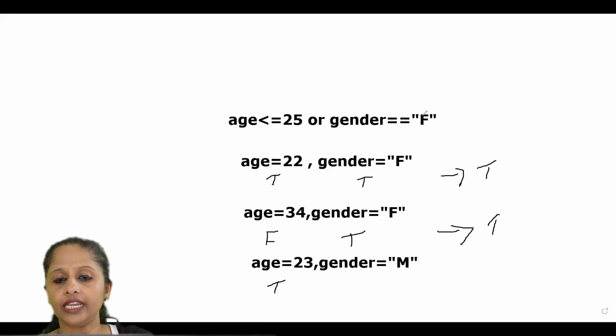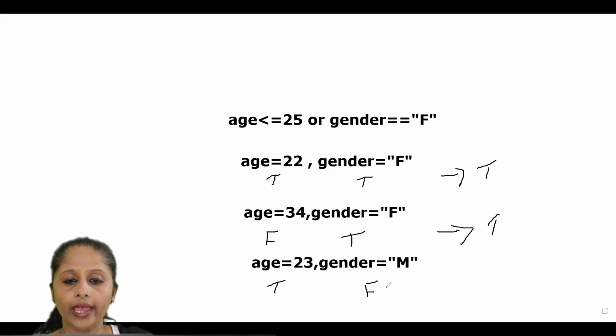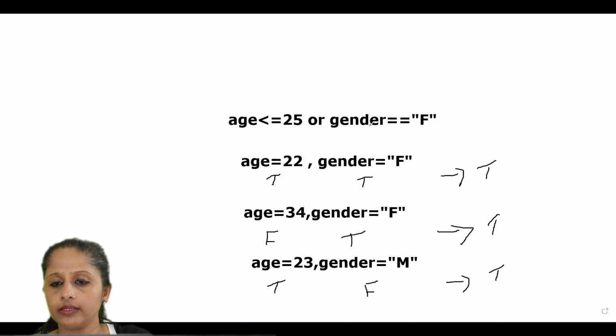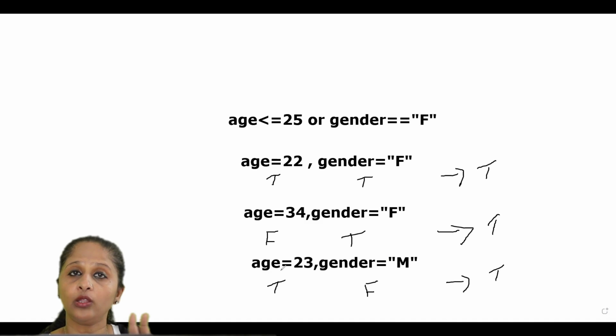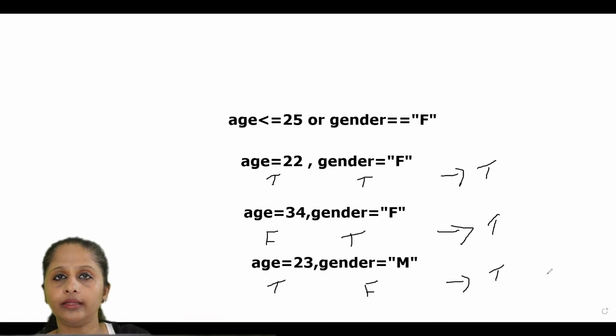And here it is checking whether M equal to F. It is not satisfying, so it is a false condition. True or false gives a true value again. That is the OR operator: either one condition should be true. So here age is equal to 23 is true, so it returns true.